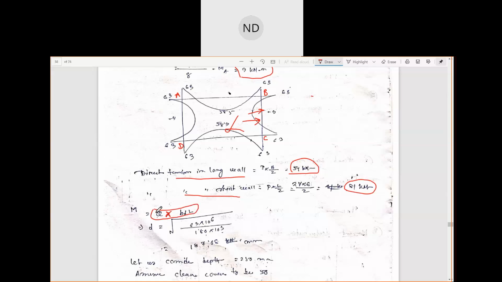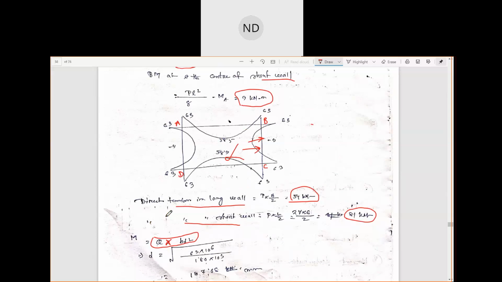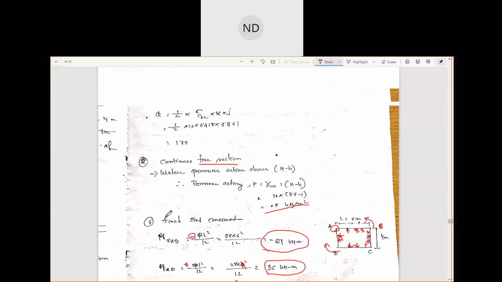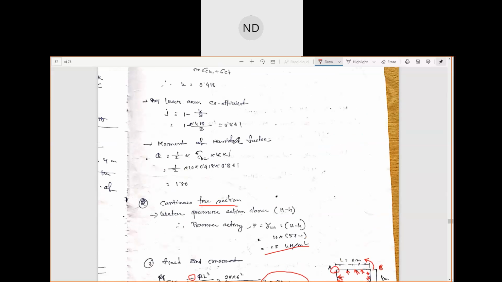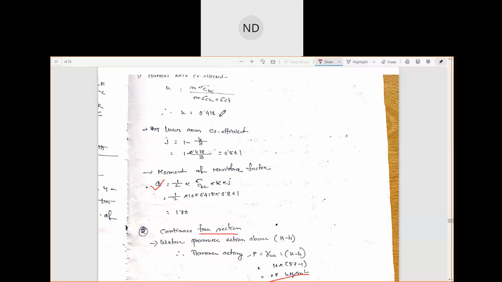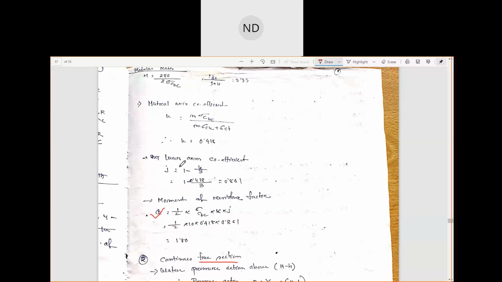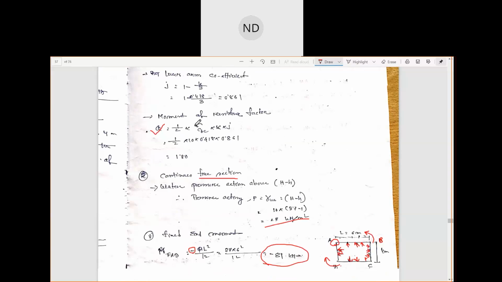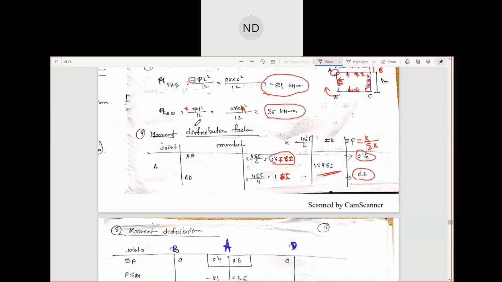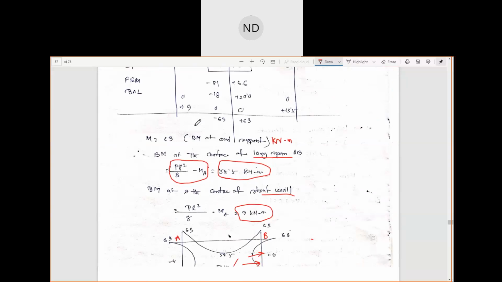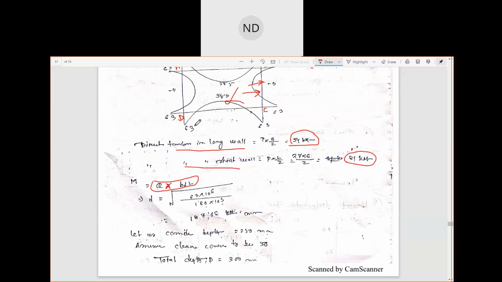Now Q we had calculated before, that is the moment of resistance factor. This is required, that's why we calculated these constants, and to calculate this we had to calculate the lever arm coefficient and neutral axis coefficient. So when you have the moment of resistance factor, you can use it here.